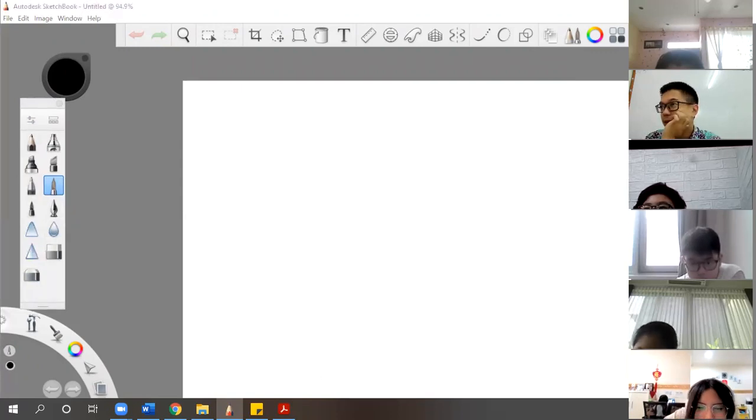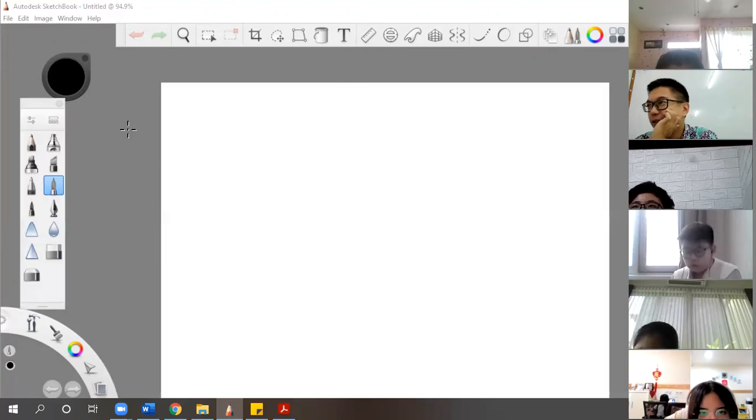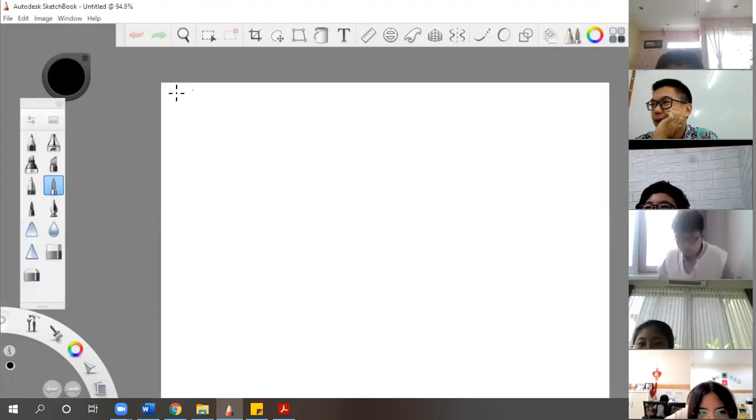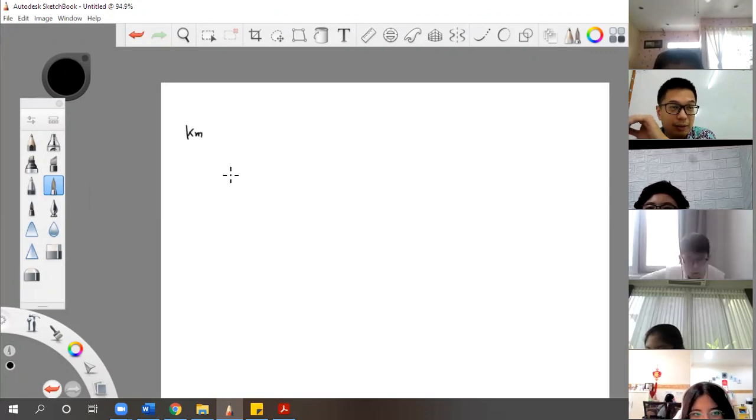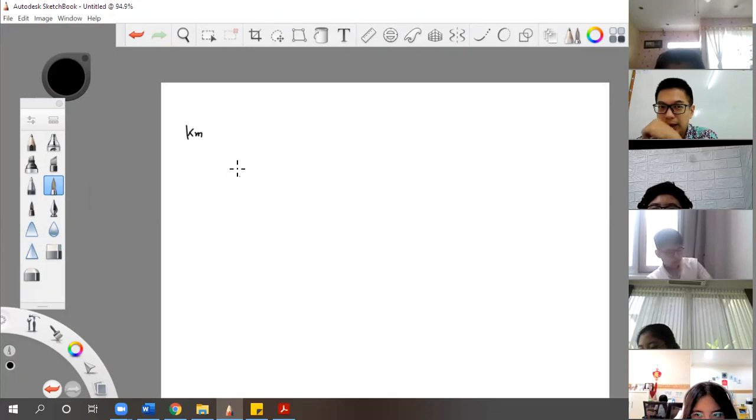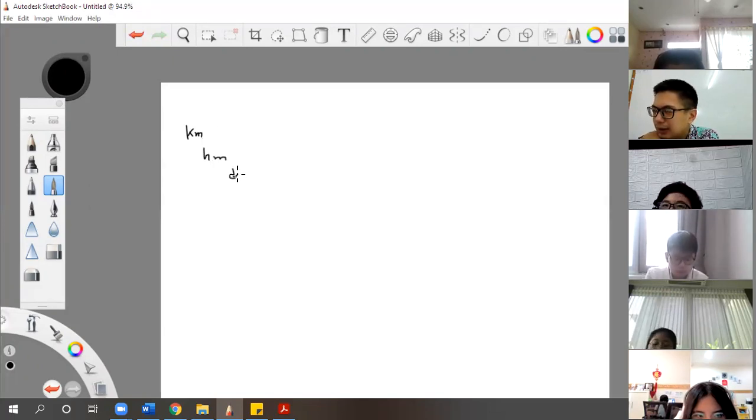Okay, this will be the screen. So the conversion of the unit is something you already learned in primary. Kilometer for the highest, it can be miles, it can be anything, but start from kilometer, and next hectometer, decameter, meter, decimeter, centimeter, and the last one is millimeter.